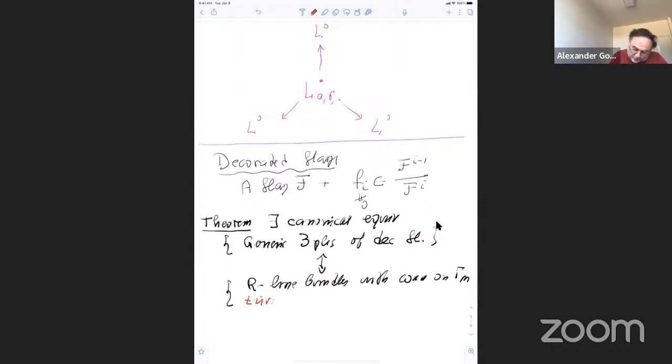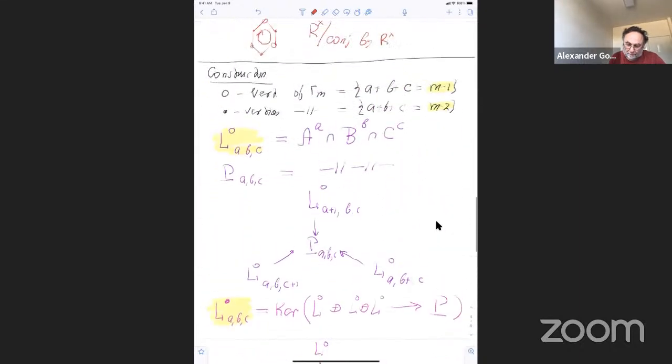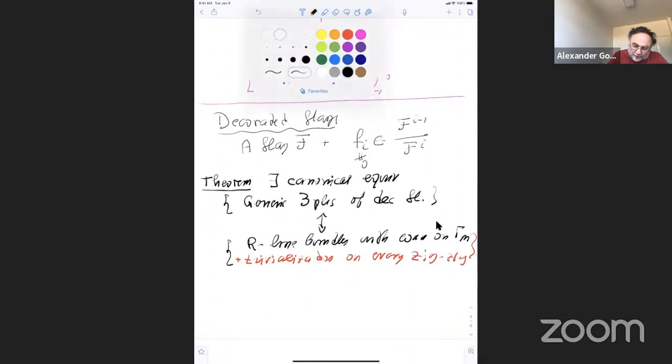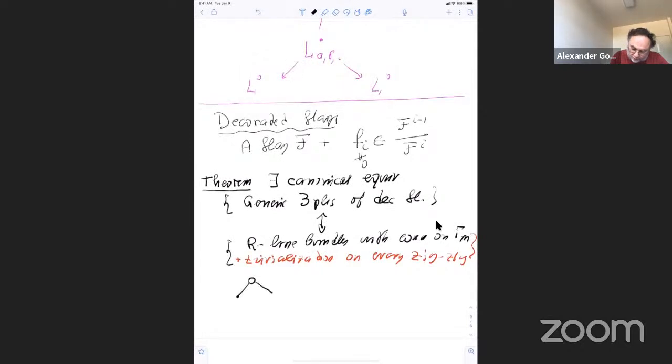The decorations are given by a trivialization on every zigzag path. So what is a zigzag path? On this graph, in general, zigzag paths are just the paths on my bipartite graph. So it's a graph which you draw on a plane.